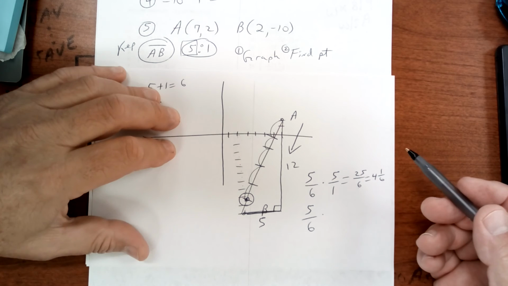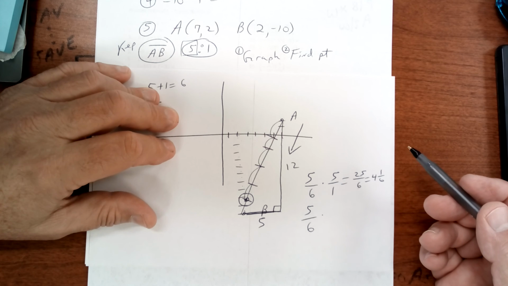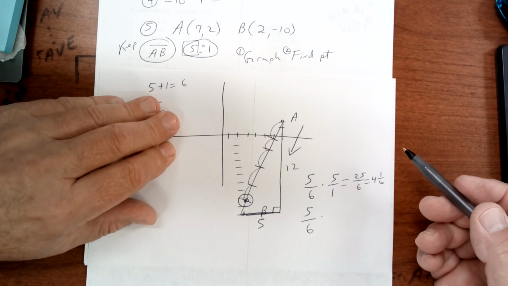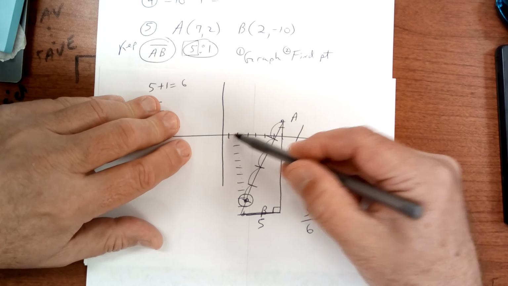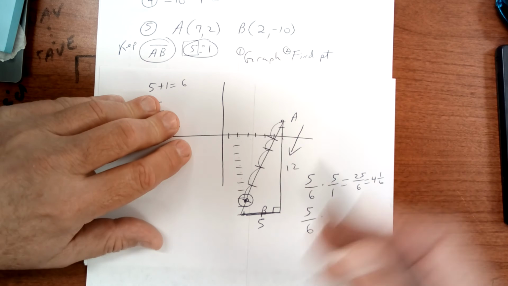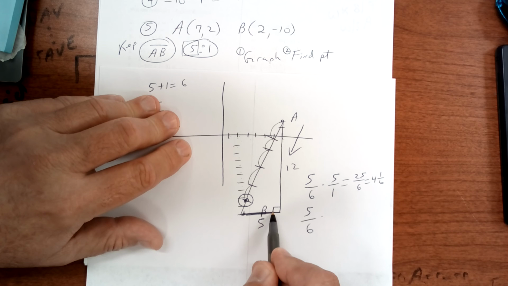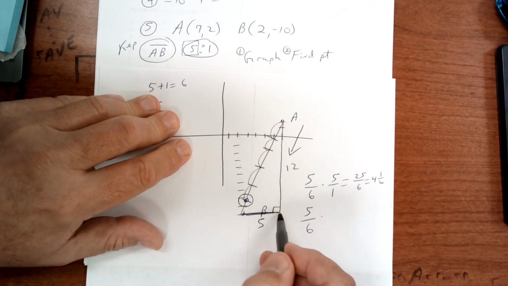And I'm looking at this, and my graph mustn't be quite right. 5 out of 6. So over 4, 1, 2, 3, 4. But it's 4 from this way here. And 4 and 1/6 seems like it's going to be too much, but it's going this way. So remember, you're going this way. Okay, so let's think about it.